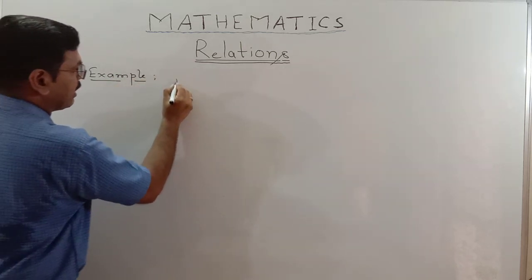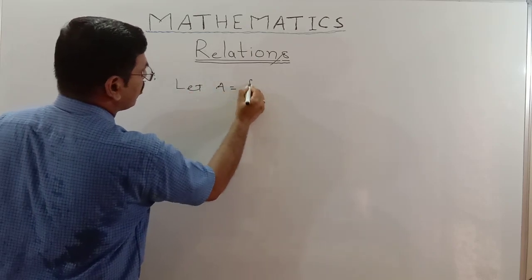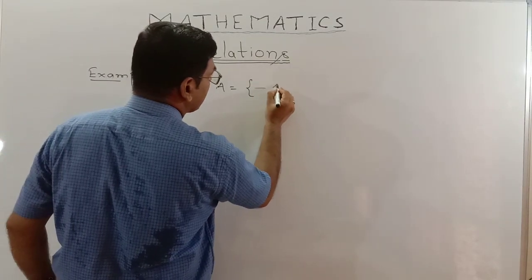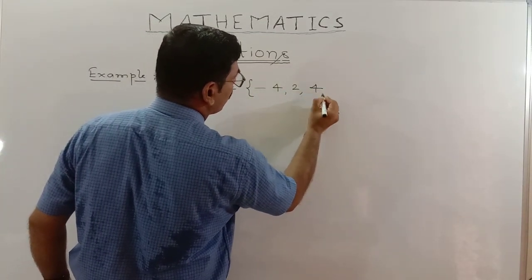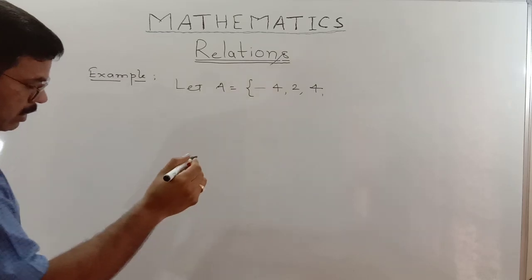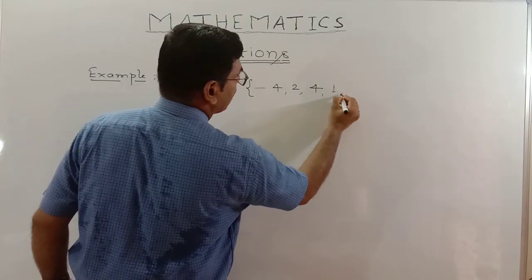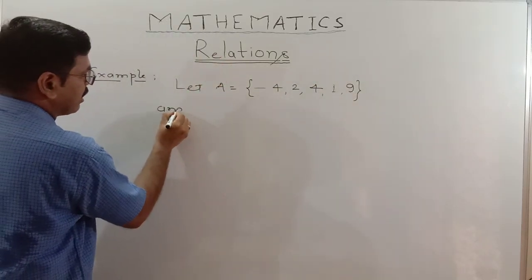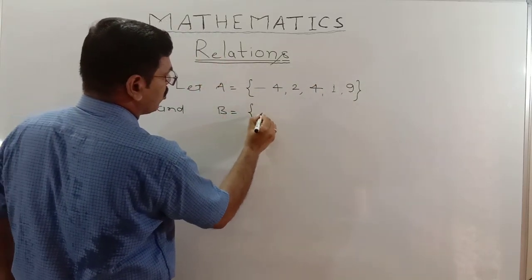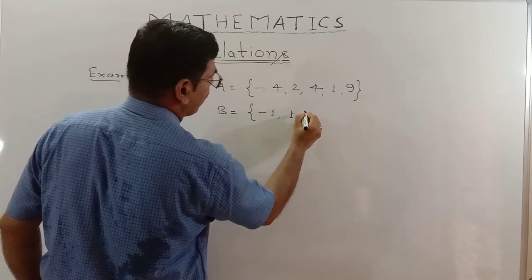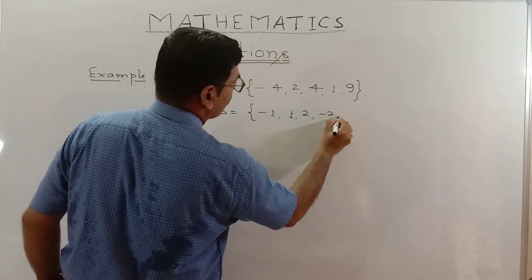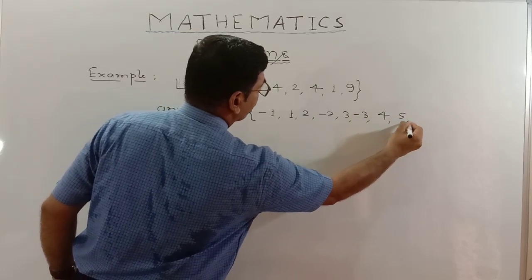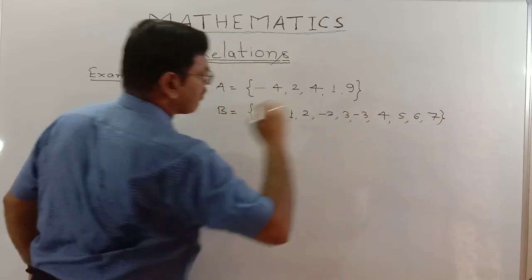Example: let A be, suppose, {-4, 2, 4, 1, 9} in all, and B is equal to {-1, 1, 2, -2, 3, -3, 4, 5, 6, 7}, suppose.